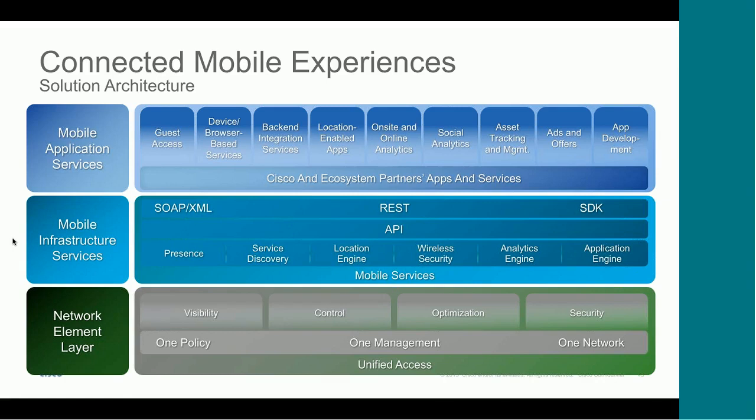So for deployments such as those, CMX Cloud is the go-to platform, where you just point to a URL for the cloud server, and then use the cloud server to see what's happening within your network and set up guest rules and things like that. So those are the differentiations between the two platforms that we have in terms of positioning for CMX.